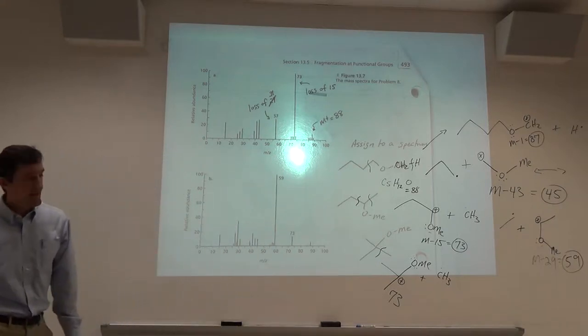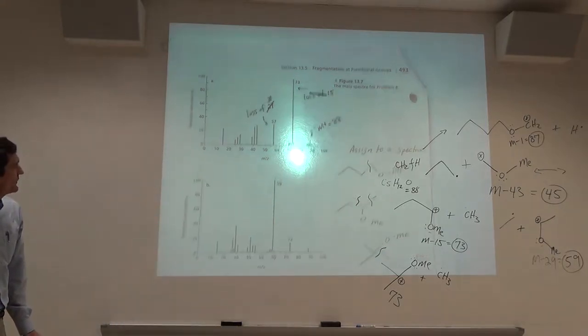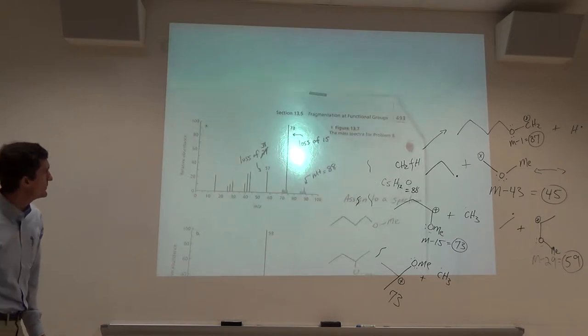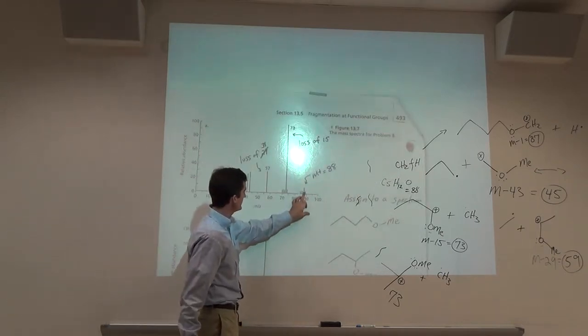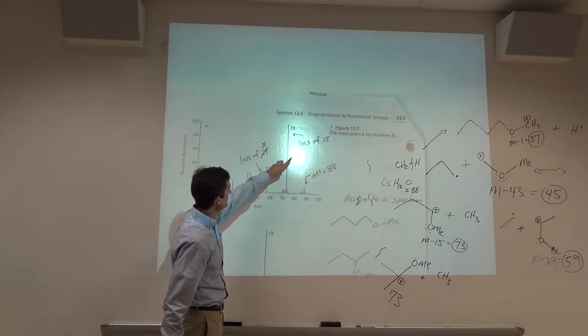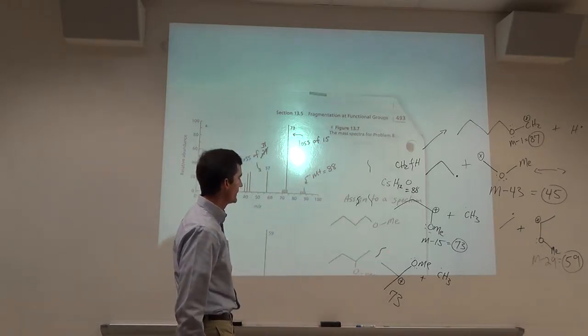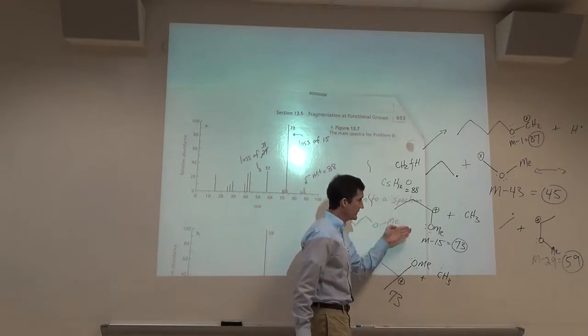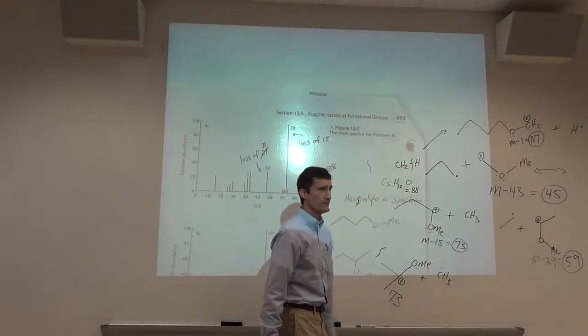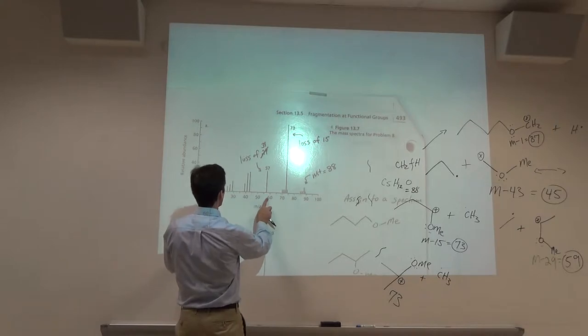Well, let's look at what we have. The first mass spec, some things were labeled. Molecular ion of 88 is here. Base peak of 73, loss of 15. Which one did we predict 73? The second and the third. But the second we also predicted 59. Do we also have a 59?